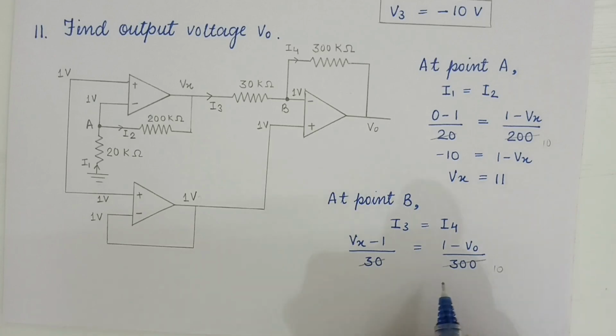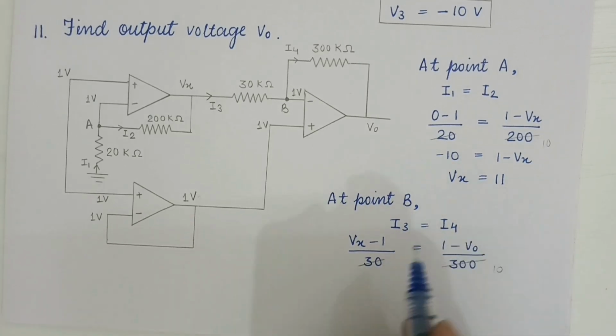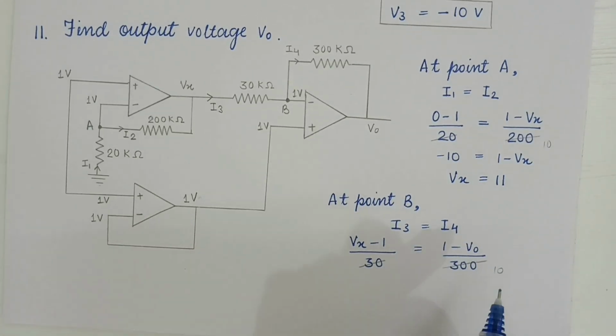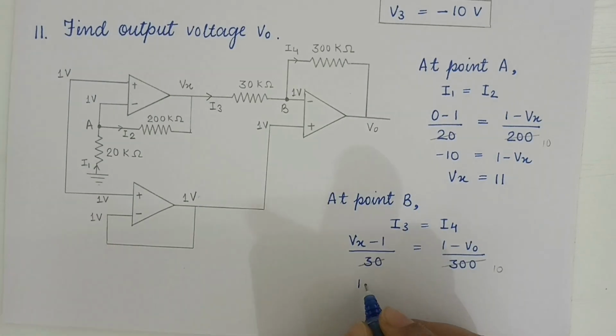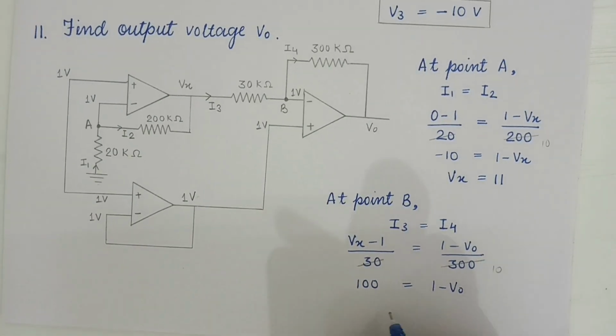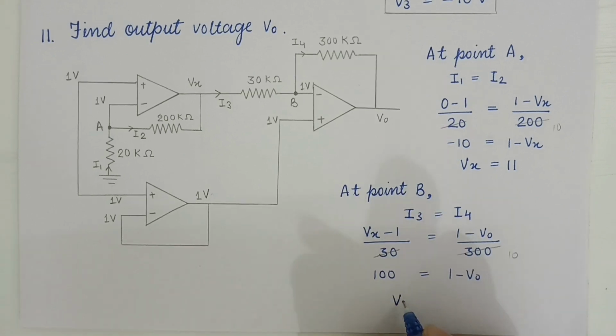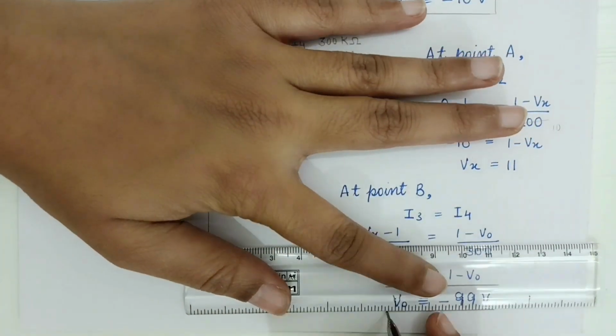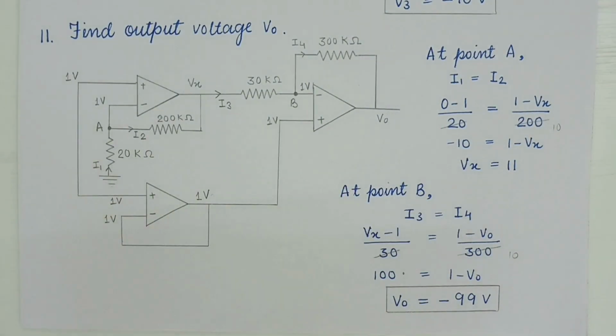Let us solve for it. Putting the value of Vx from here, 11 minus 1 is 10, and 10 into 10 is 100. So 100 is equal to 1 minus V0. So here we get V0 is equal to minus 99 volts. So this minus 99 volts is the output voltage of the circuit.